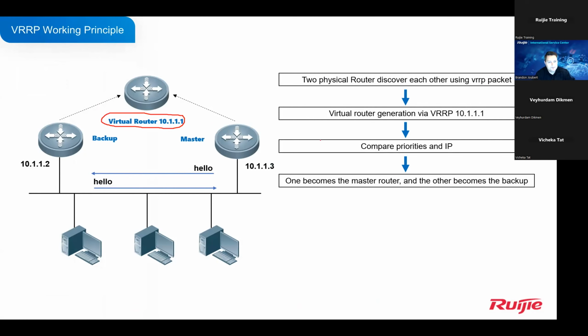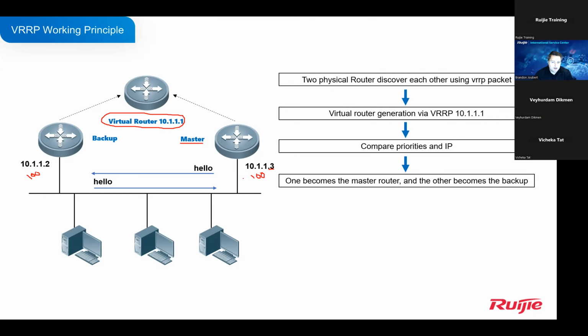What we can assume from this topology is this router is 10.1.1.2 and this is 10.1.1.3. So I assume that they kept the default priorities of 100, because this router became the master, the one with the highest IP address. It might be wrong, but it's just an assumption.